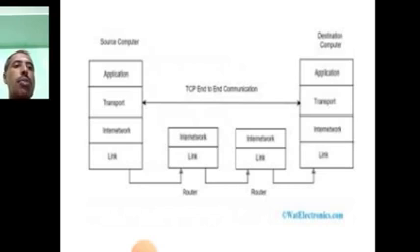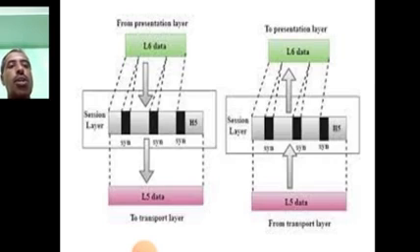So we add some physical address and port address to transmit the data between the nearest nodes. It is a simple architecture for the transport layer. It receives the segments from the presentation layer, processes them, then converts the segments into packets for the next layers.